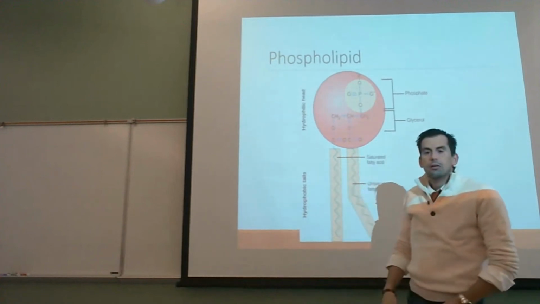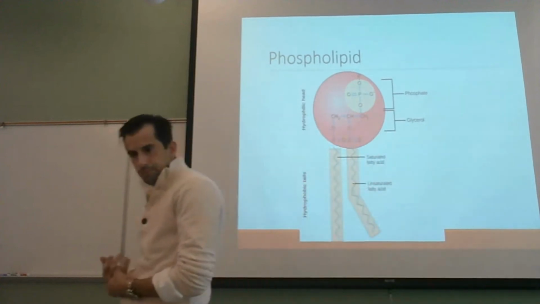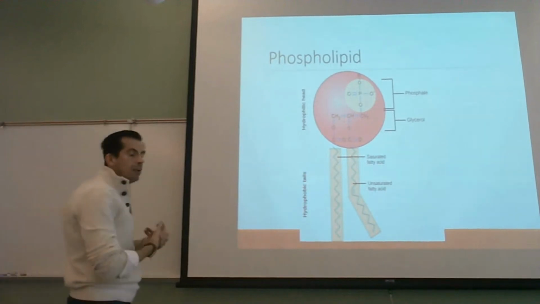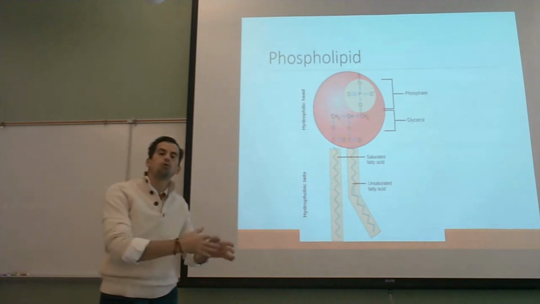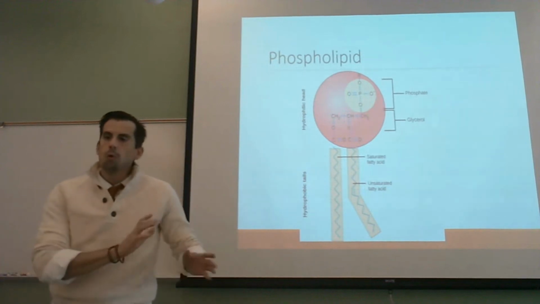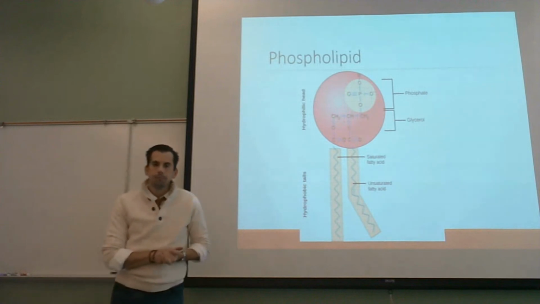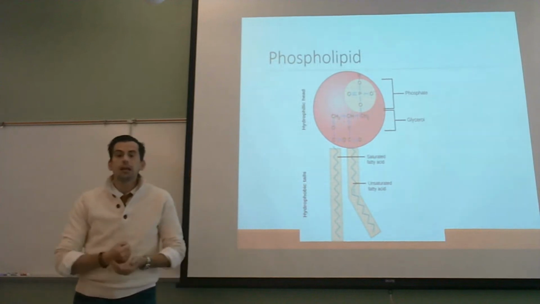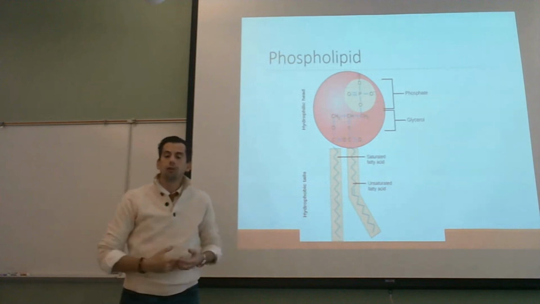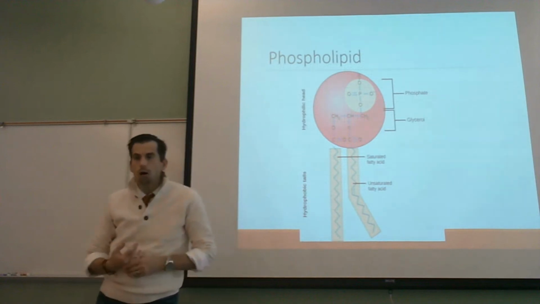Two long fatty acid tails. Now, we got into a discussion already about basic chemistry, and we got into polar versus nonpolar, ionic and non-ionic. When we got through that topic, I said the main reason we were even getting into that is because I want us to know how these different items dissolve in water.